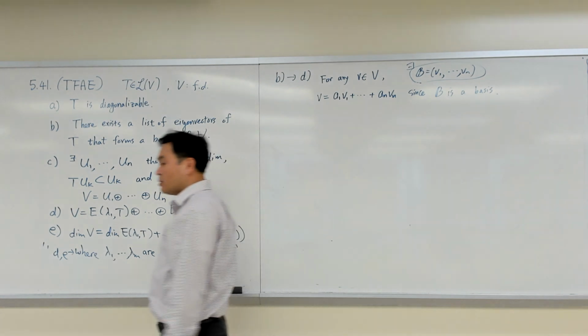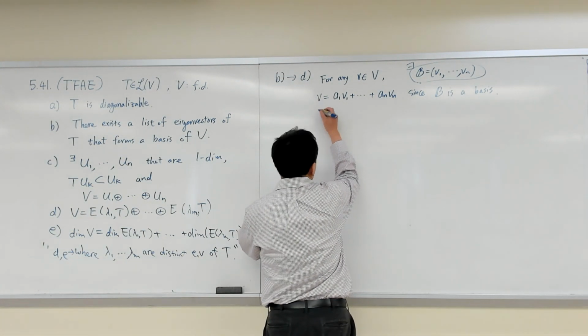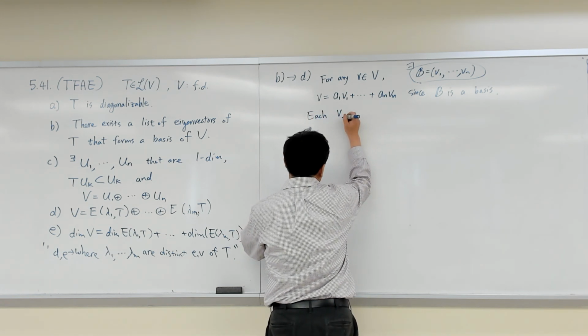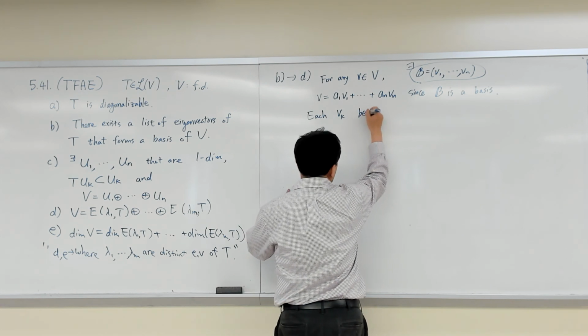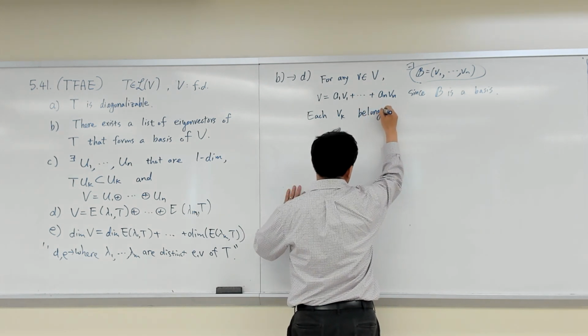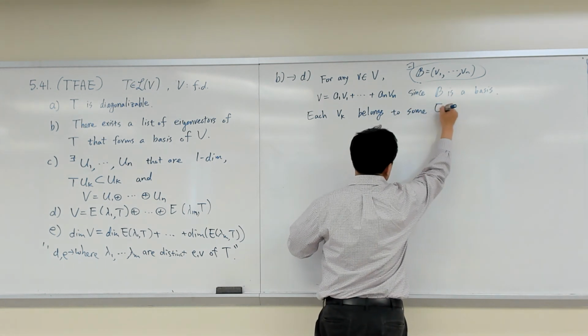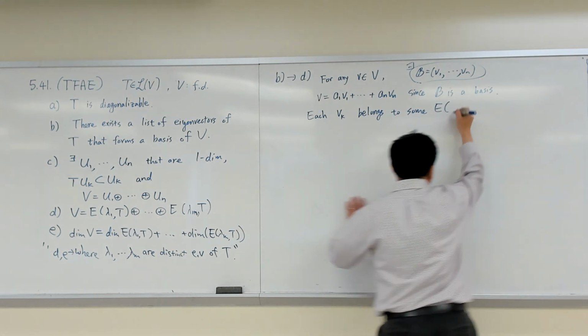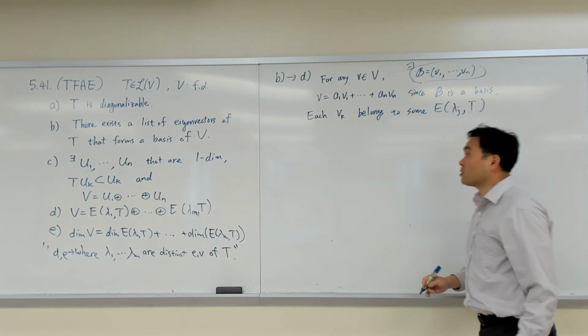But each Vk belongs to some eigenspace E of lambda j, of T, because that's our assumption.